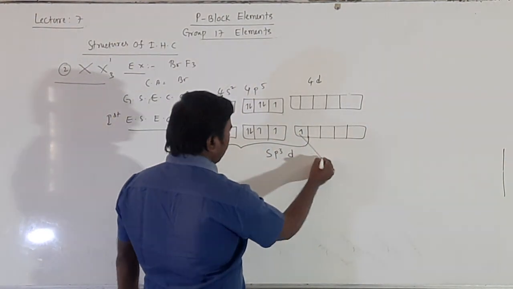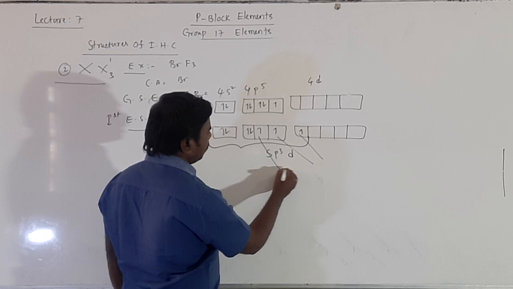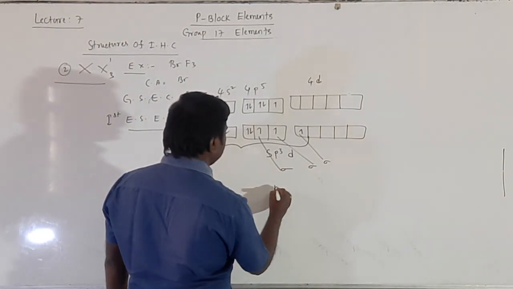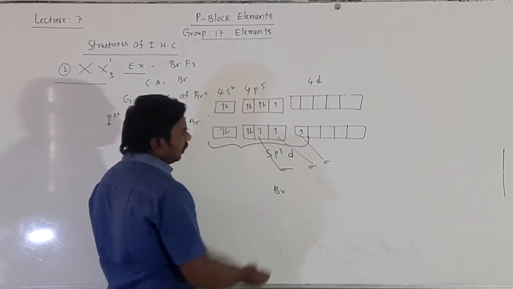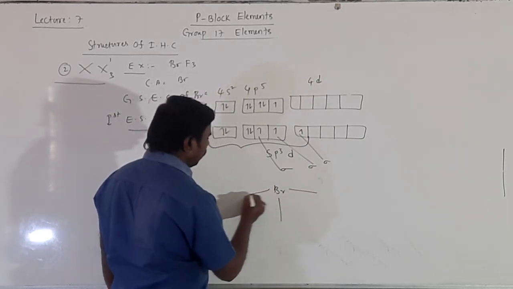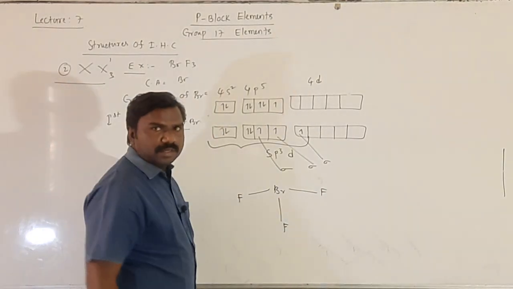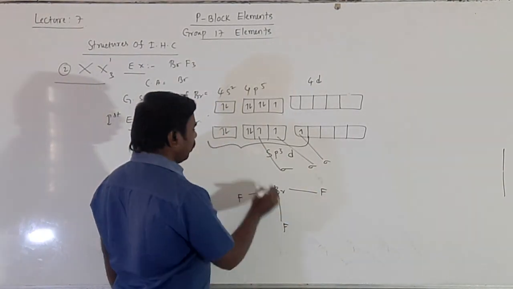Then it forms 3 sigma bonds. So bromine is the central atom, with 3 fluorines through sigma bonds, and 2 lone pairs are there.